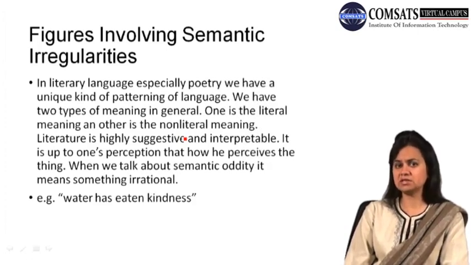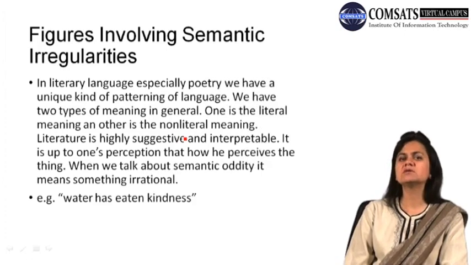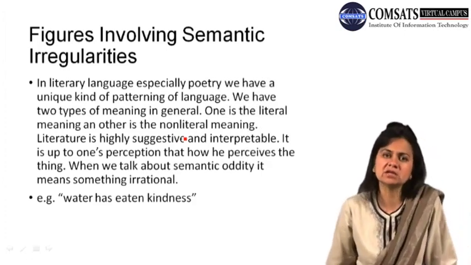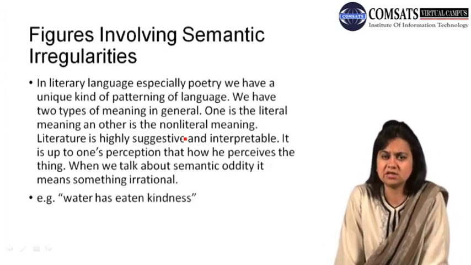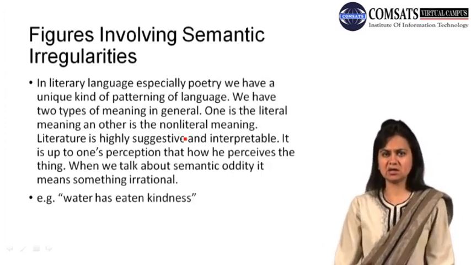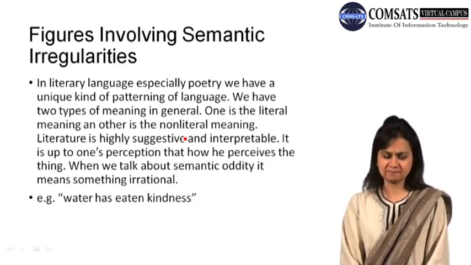This reason, that the writing of a literary artist should be suggestive and interpretable, makes him depend upon figures of semantic irregularity, where the straightforward and apparent meanings are not enough if they are discerned from a text. The text would mean something else to those sharp minds who have an understanding of tropes.